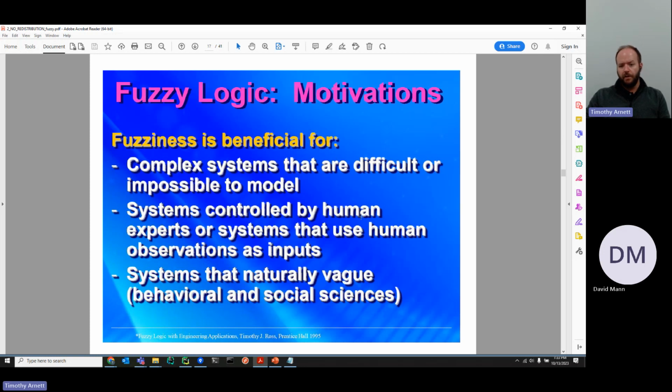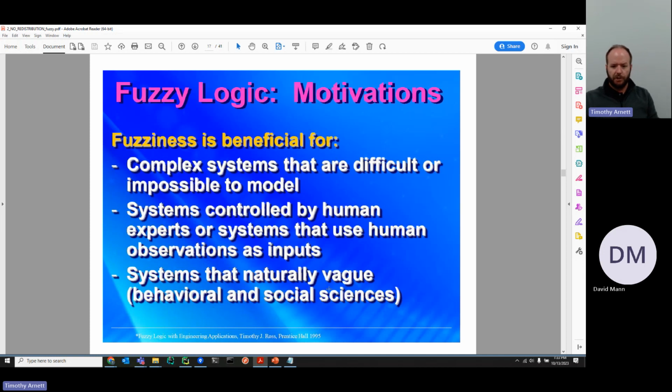When I was talking about those industrial control systems, that was one of the prime examples of expert systems that humans developed and used. And it's very useful and very practical in many situations to use those human observations as inputs, or to use that information to generate a fuzzy inference system that can then reason automatically using that.